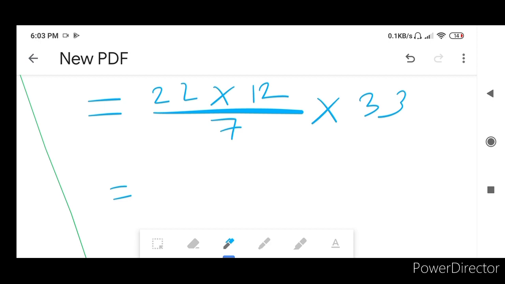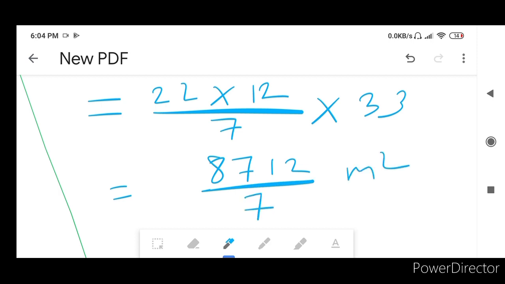Let us multiply it. So 22 into 12 into 33, basically we will be getting 8712/7 meter square.